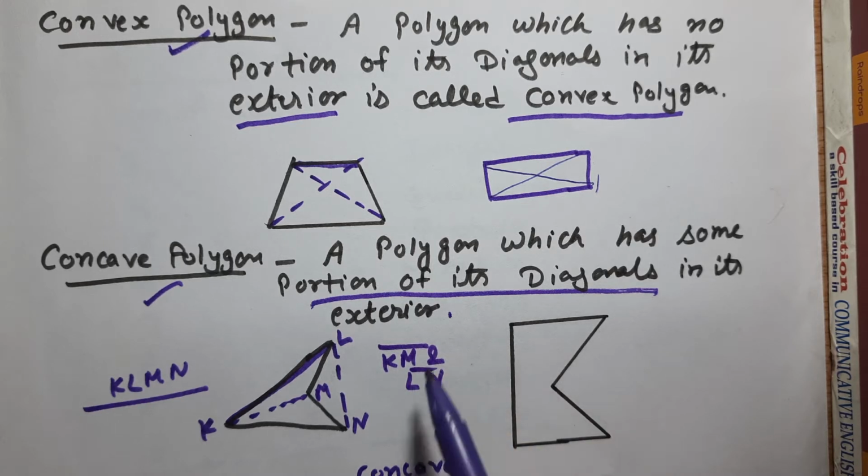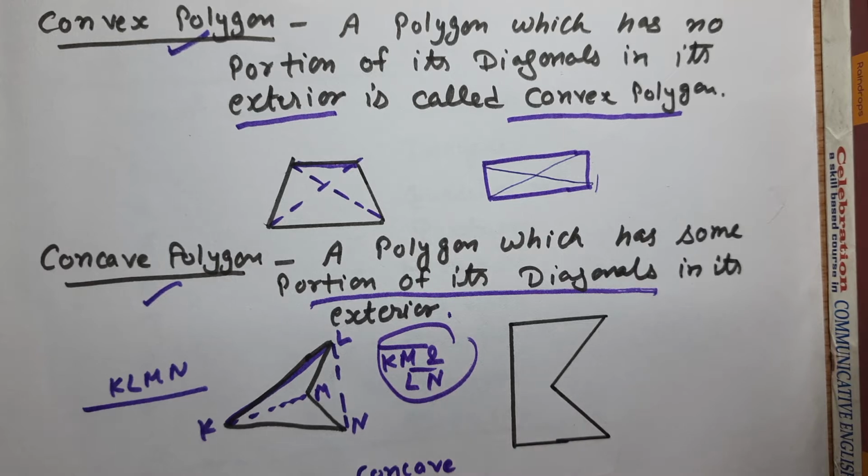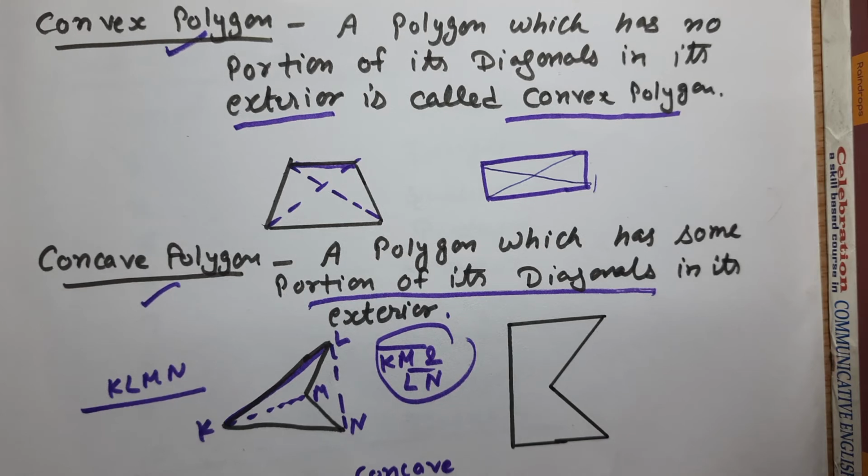These are the diagonals. And see, diagonal LN has some portion outside, so it will be termed a concave polygon. KM is inside but diagonal LN is outside.